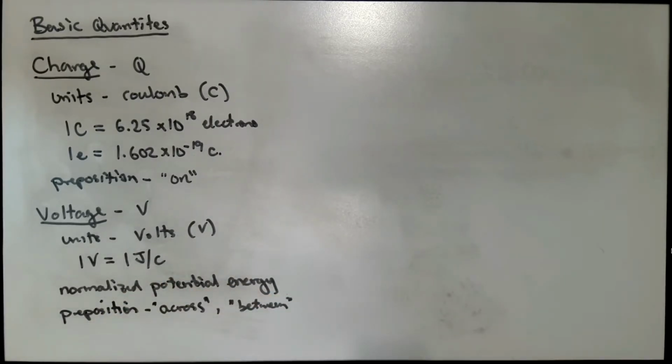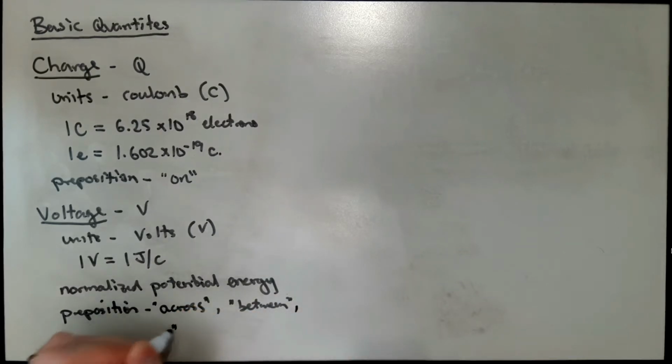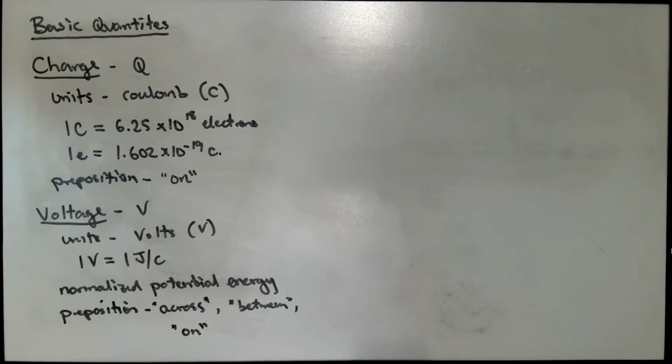Occasionally we will also have an understood or implicit reference point in our circuit, like ground, and then from that particular standpoint, we might also use on. We might say the voltage on a node in the circuit. But in that case, there's always an implicit reference that we're bringing in, so that the voltage is defined between 2 points or across the circuit from one point to another.